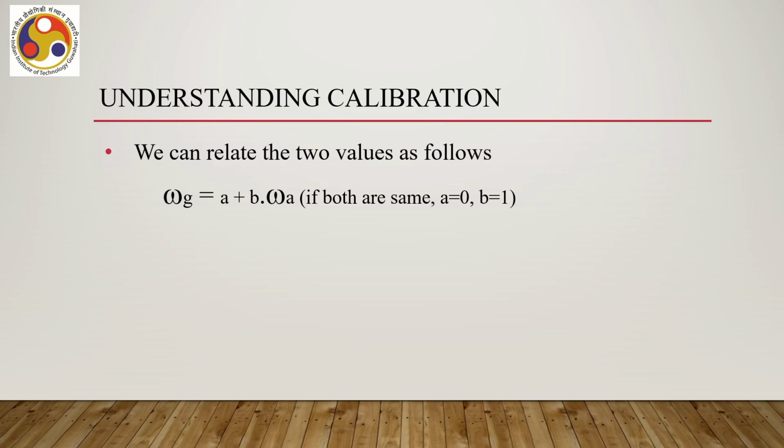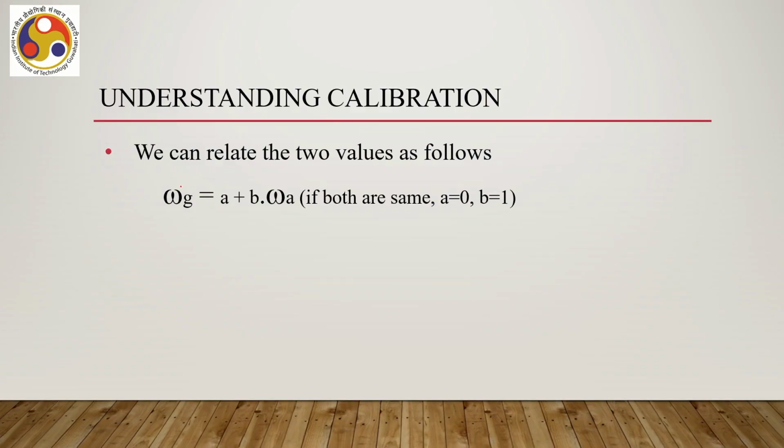Now, how do we relate the two values? Our objective in the calibration stage is to make these two values as close to each other as possible. One way to relate both can be a linear relationship, say we can propose omega g equals a plus b times omega a.